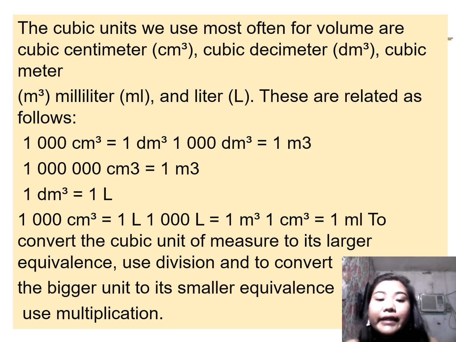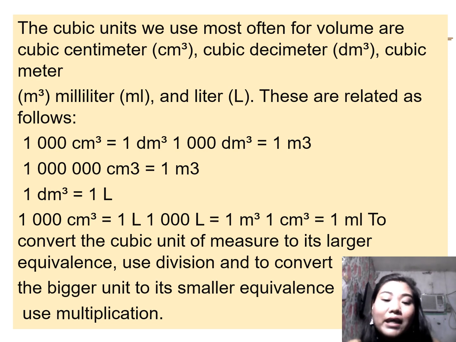These are related as follows. In converting these units, 1000 centimeter cube is equal to 1 dm cube. 1000 dm cube is equal to 1 meter cube. And 1 million centimeter cube is equal to 1 meter cube.